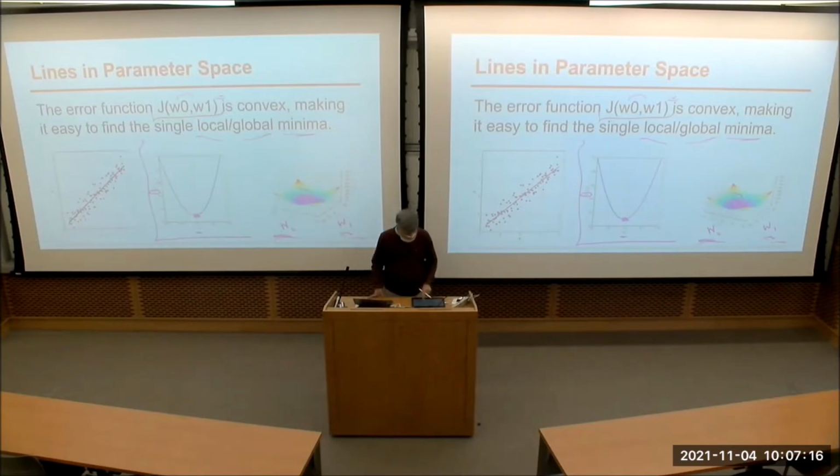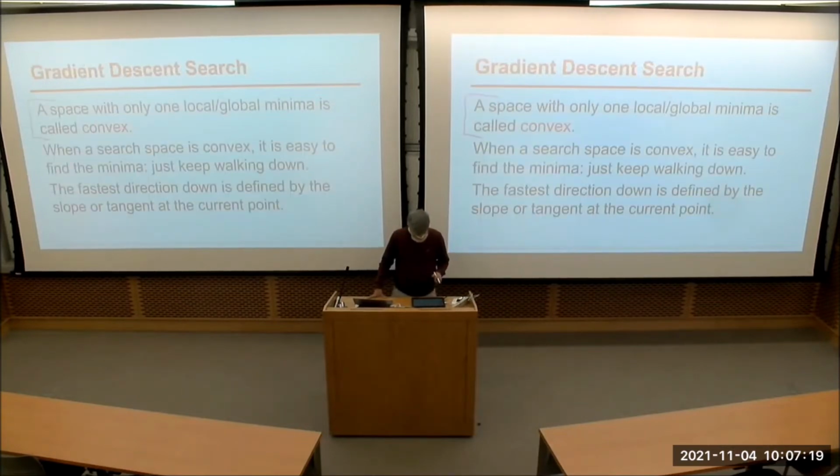This is what we want to do, not with physical bowls, but by simulating the bowl. Basically, given a point where we are on the surface space, if we can find a direction that goes down, we will walk in that direction. Ideally, we will find the fastest direction down. And the fastest direction down is defined by the tangent line or surface, or the slope, at the current point. Any questions?